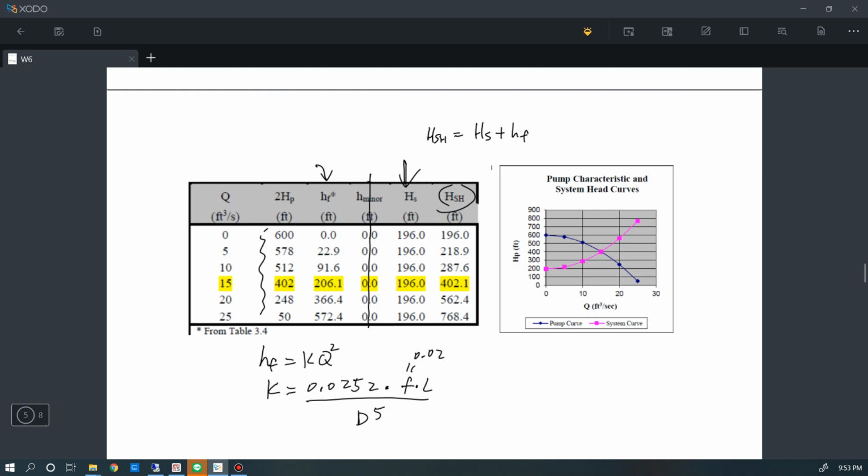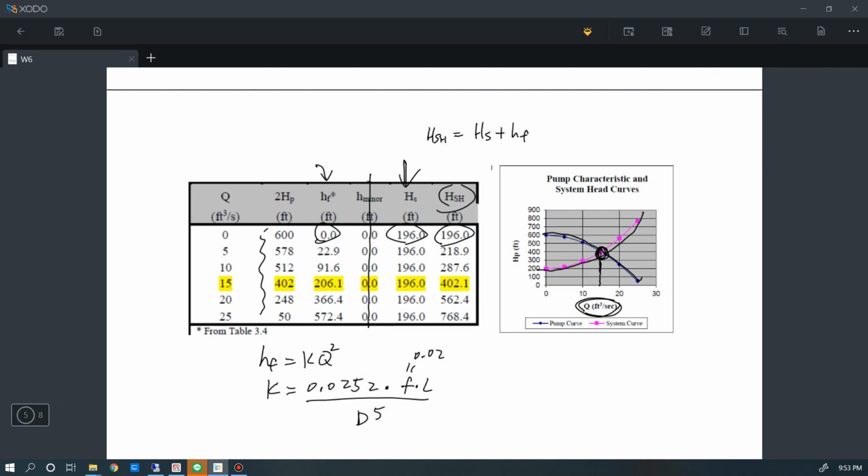So simply you add this, and you get this. You can do that for every row. Then similarly, you can plot the pump curve and the system curve out, and you find out the intersection. And then you can use this intersection to find out the corresponding flow rate.